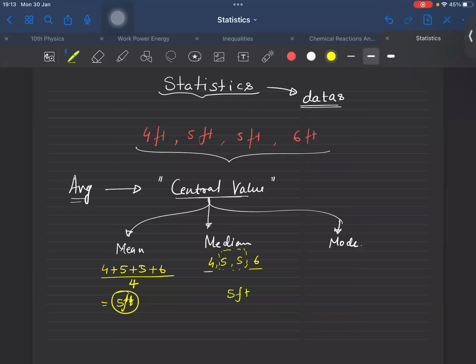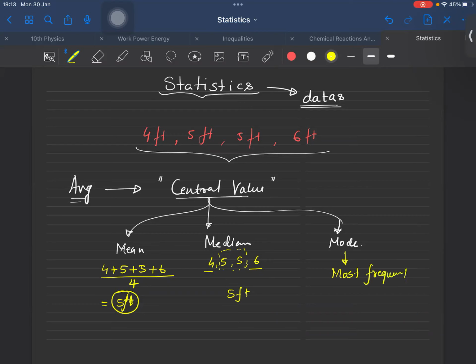Now the mode is relatively easy, but we always tend to pay a little less attention to it. Mode just means the most frequent value.